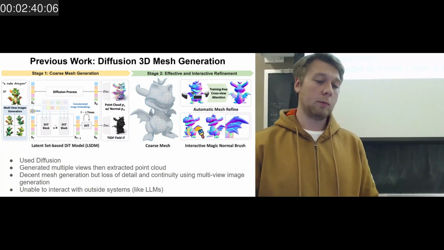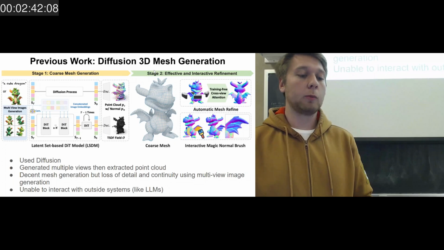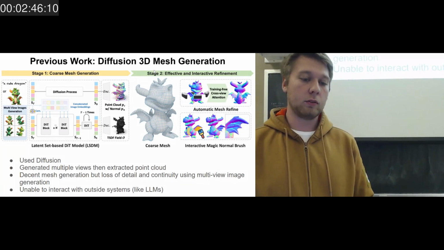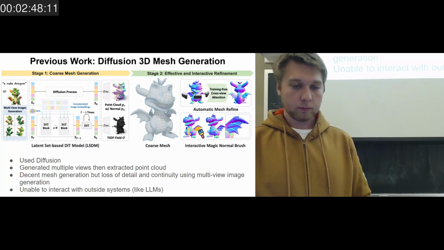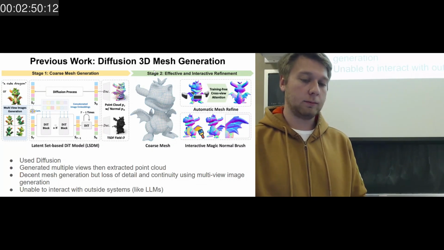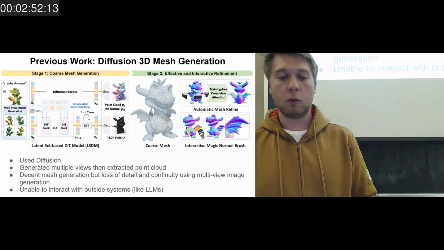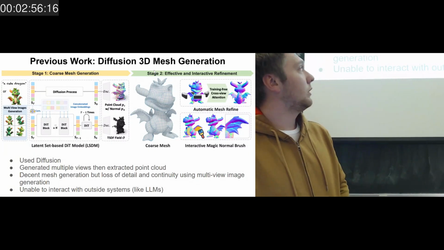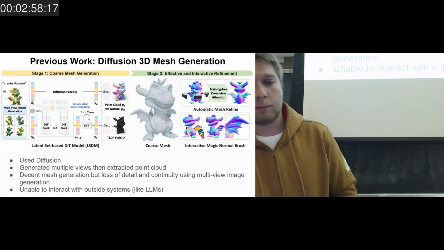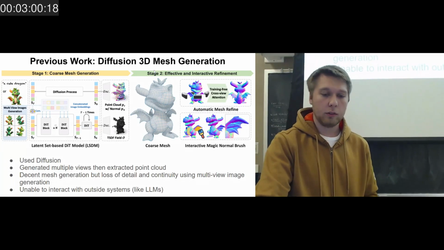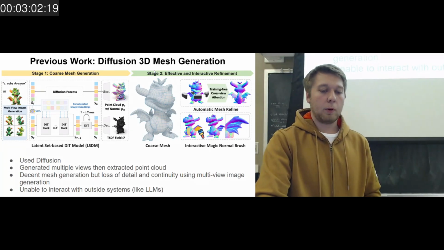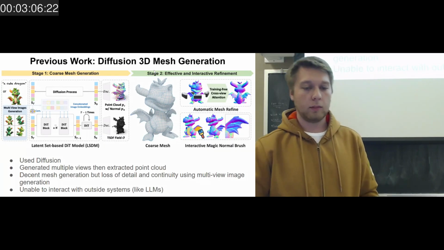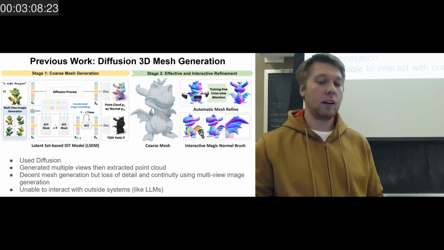Or you can use images, and then you render multiple views of that image, and then through some other methods you extract a point cloud from that, and then you convert the point cloud to a mesh, and now you have your mesh. Obviously it's not as good as what I'll show you using transformers, but it was pretty easy. It just used diffusion. You ran diffusion a couple times, extracted the point cloud from it, and now you have a mesh.